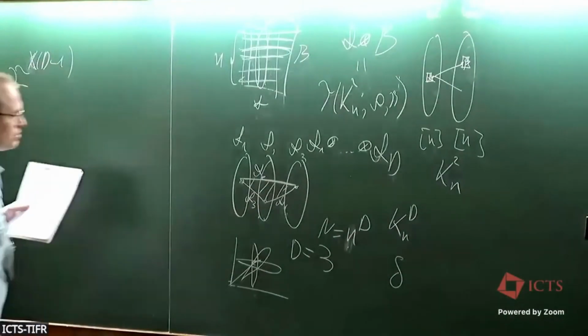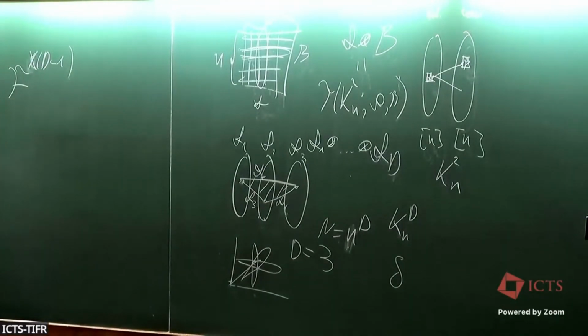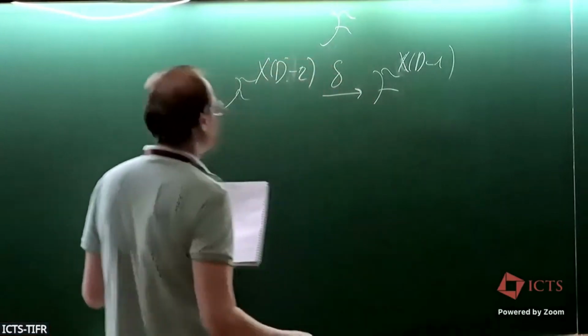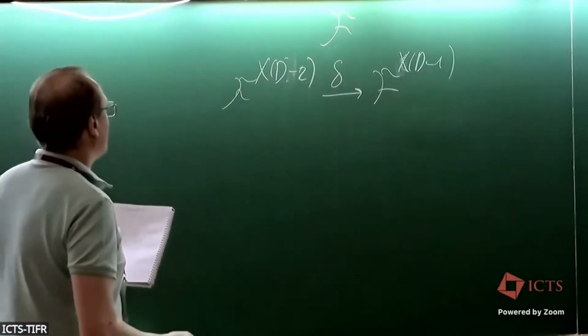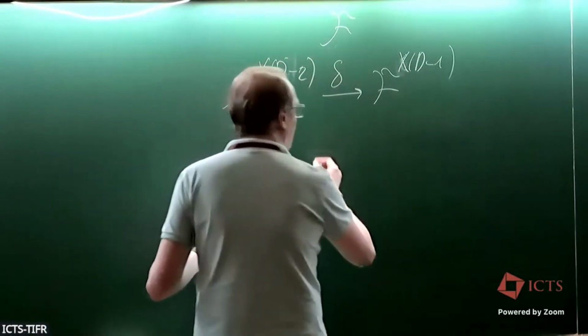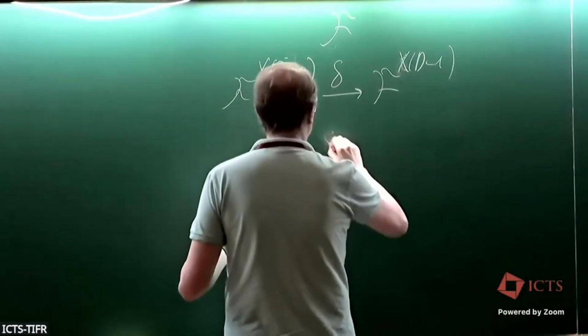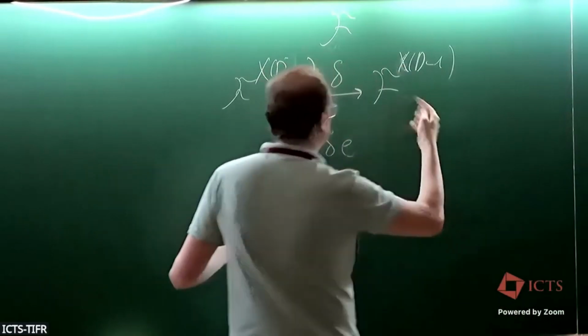Let us keep it simple. If we apply the coboundary map, we need to obtain from the edge a sum of triangles.